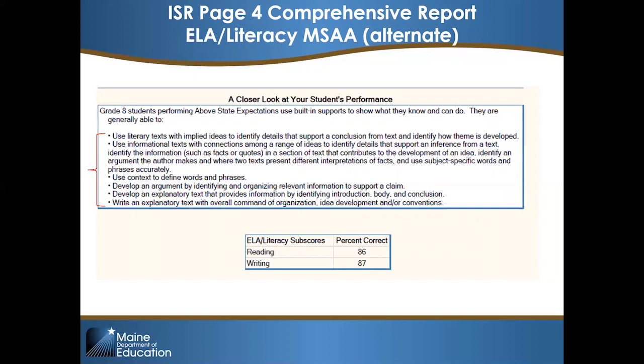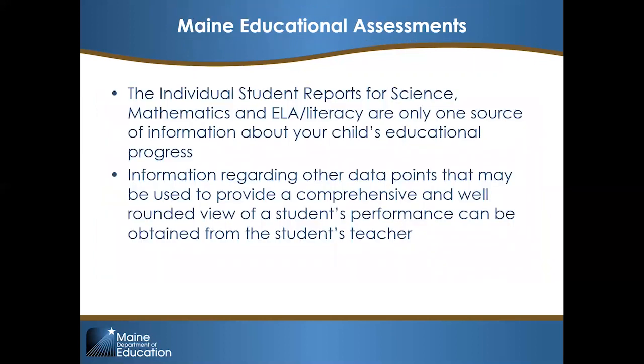This example provides performance level indicators specific for students performing above state level expectations in grade 8. Below the closer look is a box that provides the percentage of reading and writing this student achieved. The student achieved 86% correct on reading items and 87% correct on the writing items of the ELA literacy assessment.